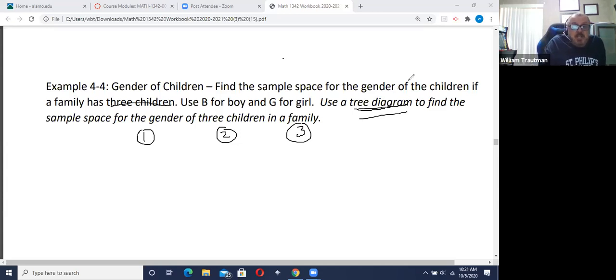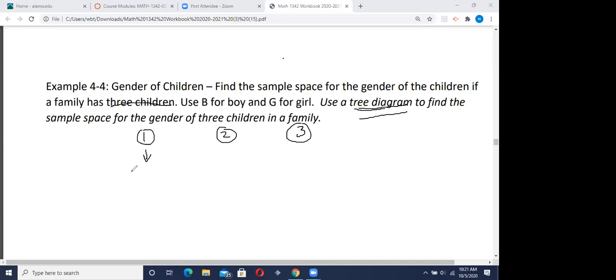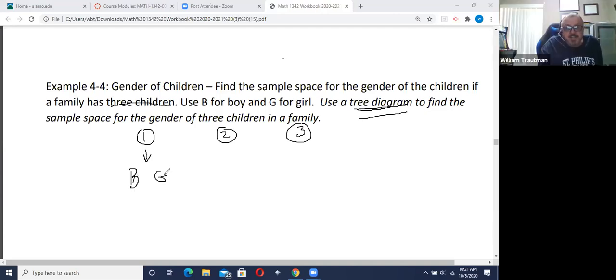So when the woman has their first child, what are the outcomes for the first child? What could they have for the first child? A boy or a girl? Yes, a boy or a girl.